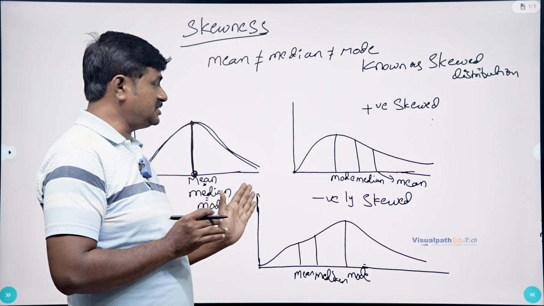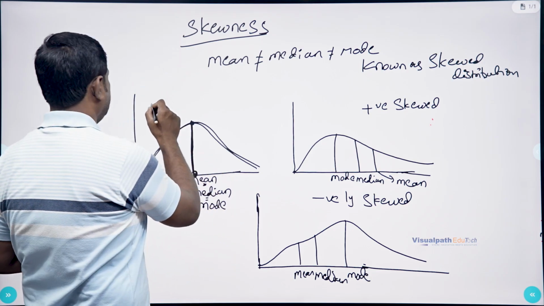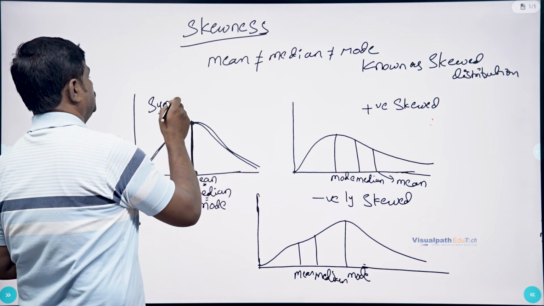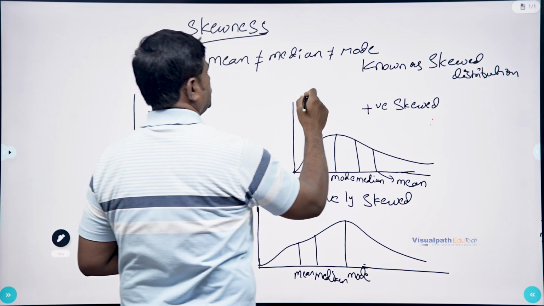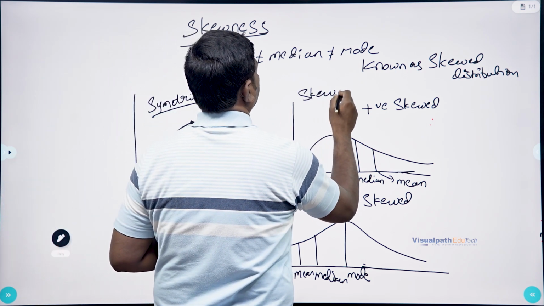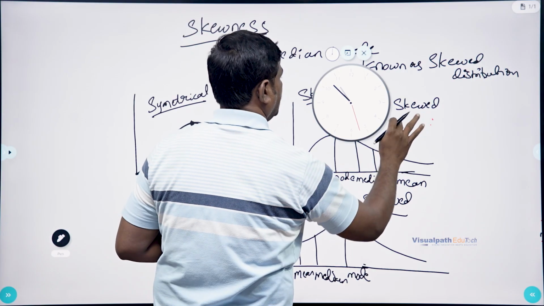That distribution is called an unskewed, symmetrical distribution. Coming to the skewed distributions, these two are skewed distributions. This one is positively skewed and this one is negatively skewed.